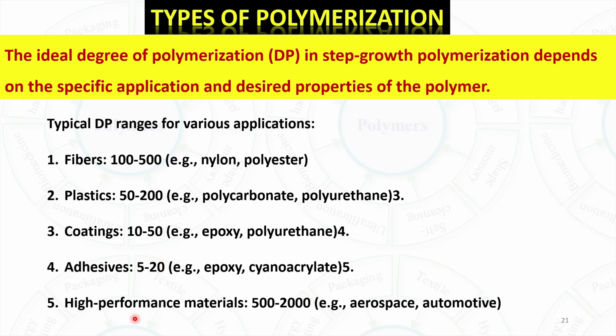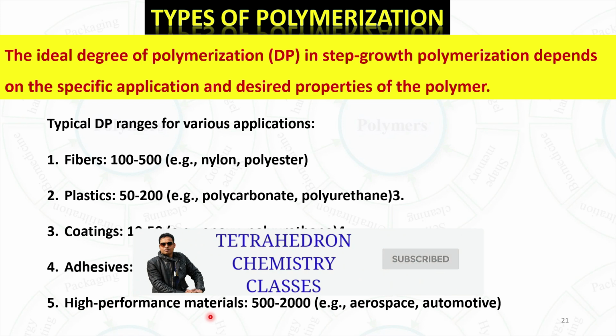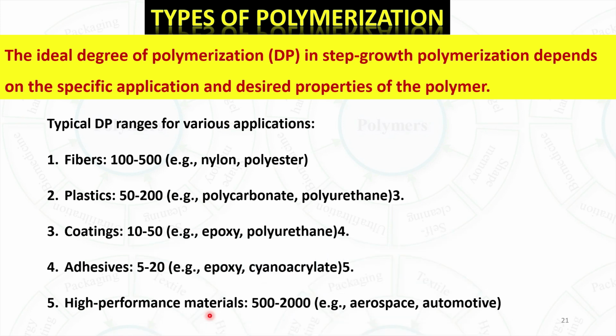But if you need high performance material, then you need a very high degree of polymerization, somewhere around 2000 DP, especially in aerospace, automotive, heavy vehicles, earth moving objects, where in those cases you will require high performance material, like your Bakelite and, say, your tank.